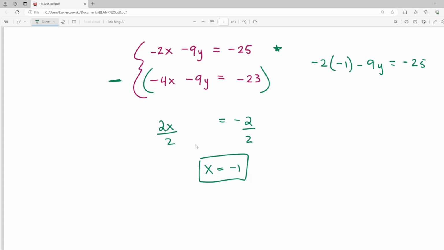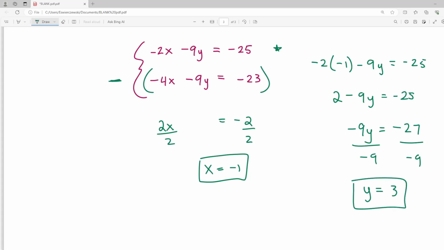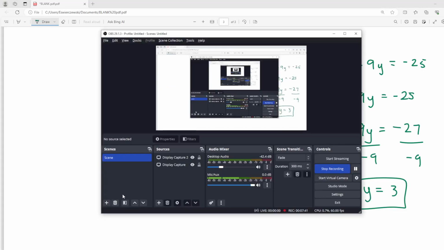Negative times negative is positive. And then I'm going to move this positive 2 to the other side, where it becomes negative. So negative 27, divide by negative 9, divide by negative 9. Y equals positive 3. I'm going to pause the video here for a moment.